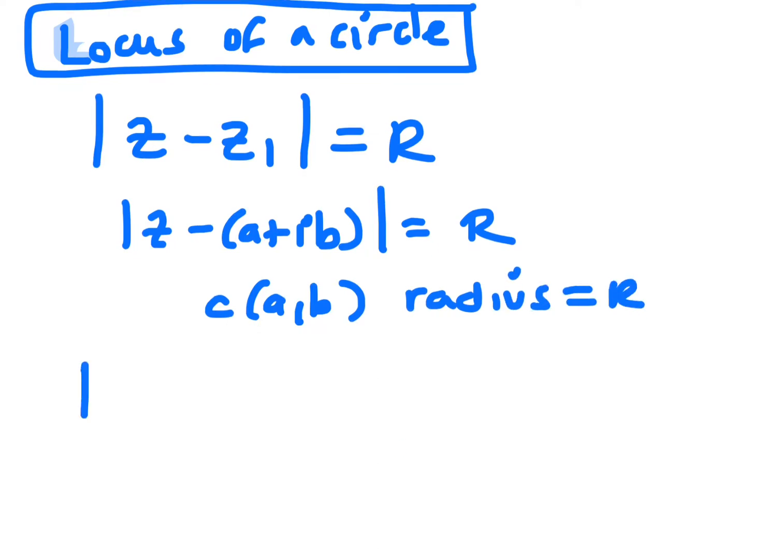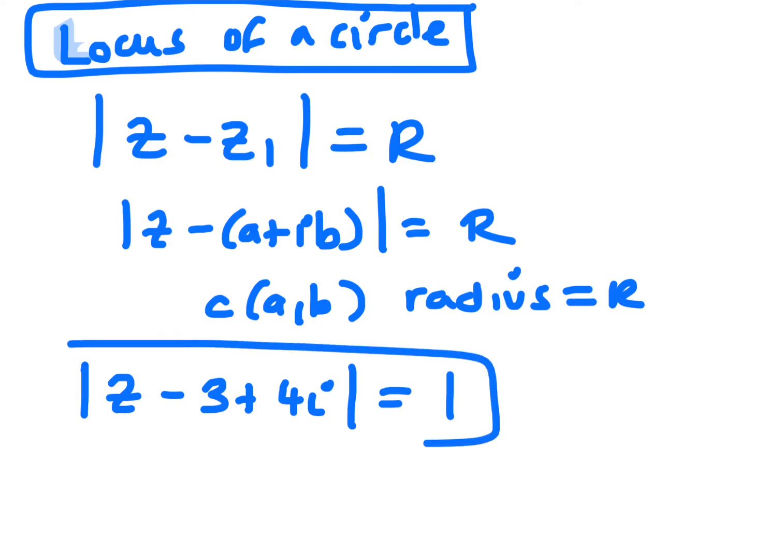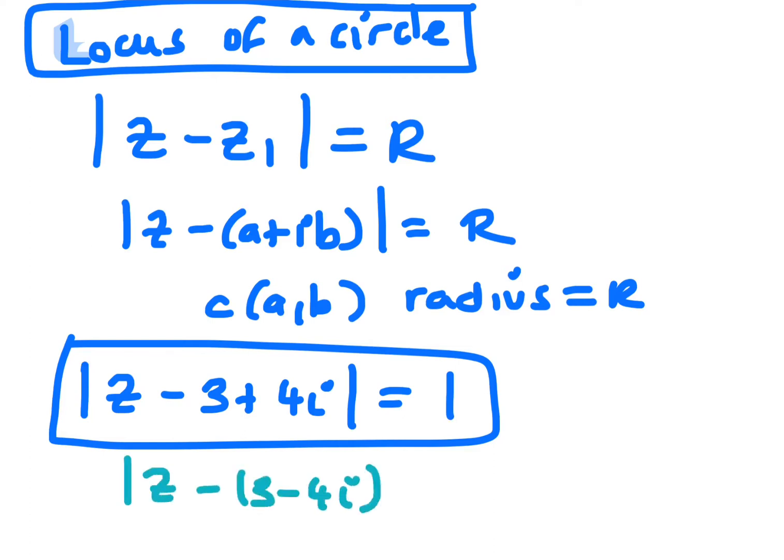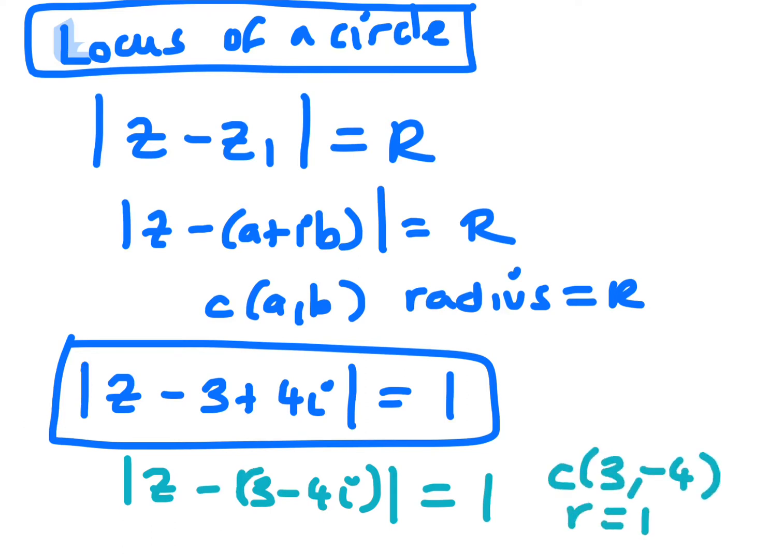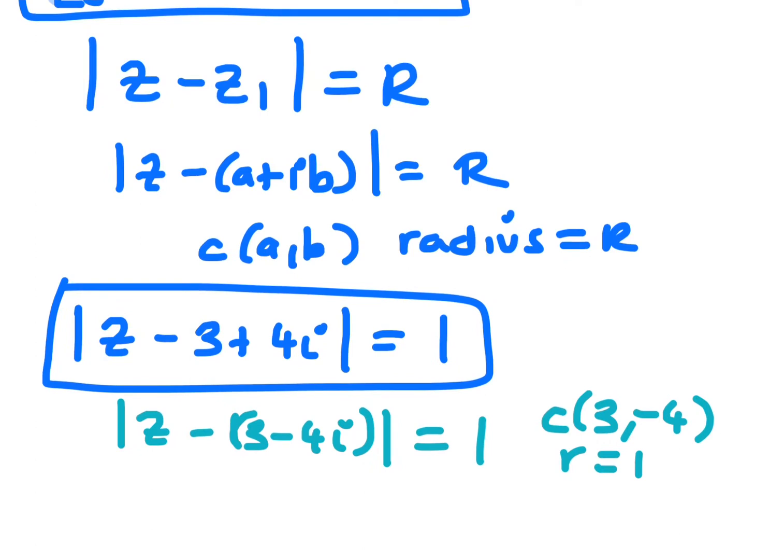So if we've got, say, the absolute value of z minus 3 plus 4i equals 1, that means that when you're trying to sketch that, or even find the centre and the radius, it's z minus (3 minus 4i) equals 1. So the centre would be (3, minus 4), and the radius would be 1.